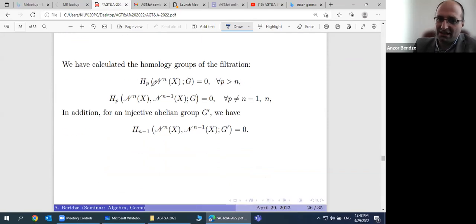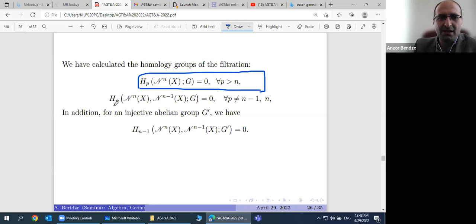What is the main result? For our homology theory, if we consider our filtration, this is 0. And this is the standard isomorphism in the Steenrod-Eilenberg uniqueness theorem. If this is a compact polyhedron, and if we consider the n-dimensional skeleton, then this is valid. And for such kind of pair, in the standard case, this must be 0 even when p is equal to n-1.